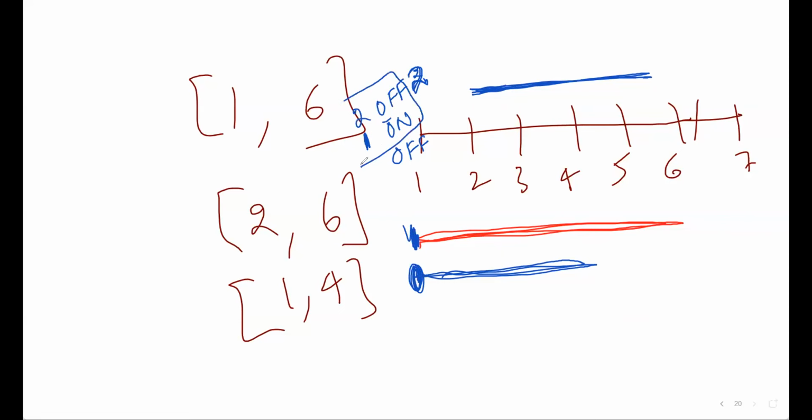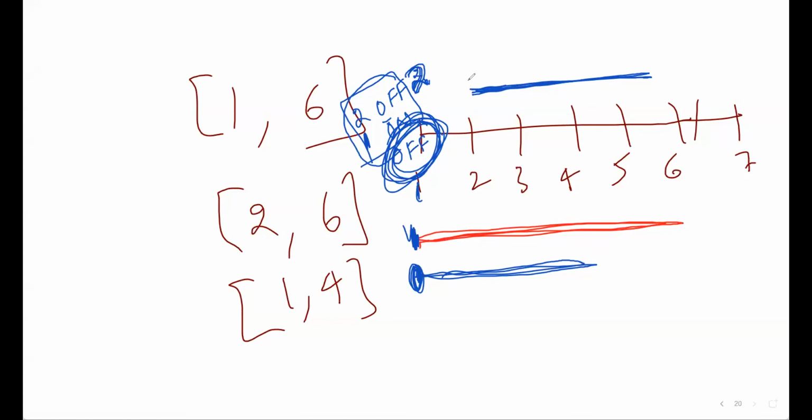You got my point. Whenever the number of overlapping ranges is even, the bulb is off. In one operation we turn it on, in the second operation we turn it off. So for an even number of overlapping ranges, the switch will be turned off. So 1 is off.